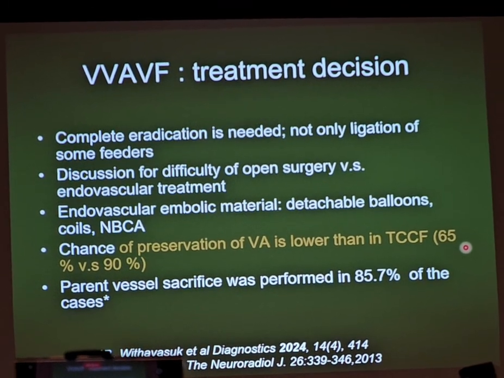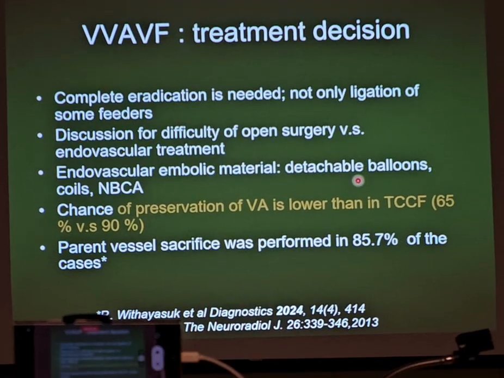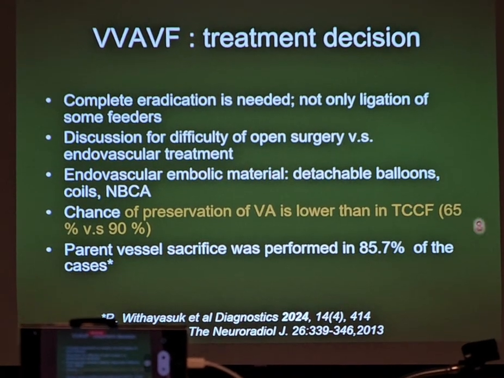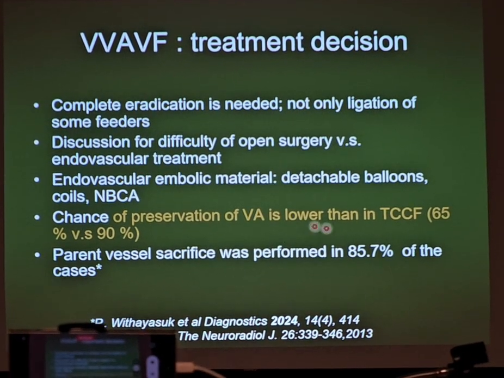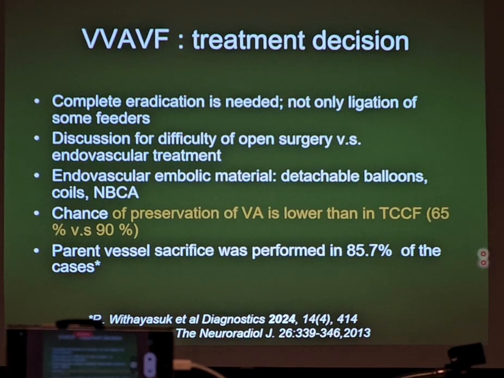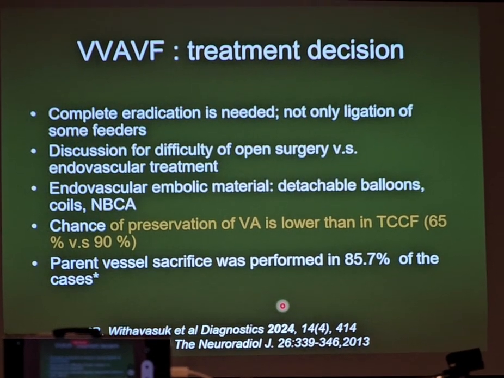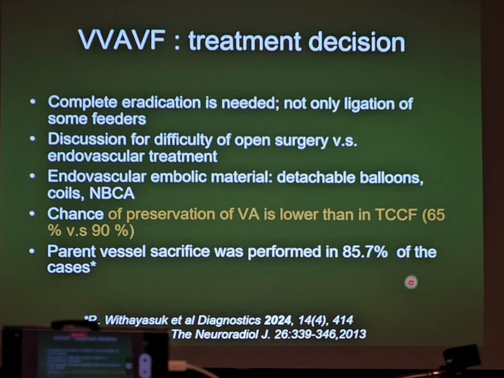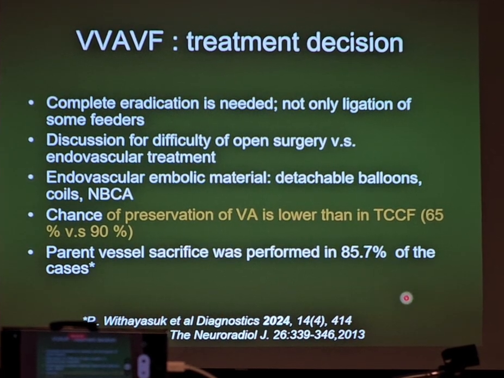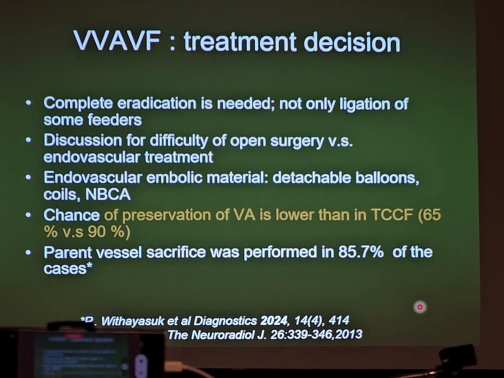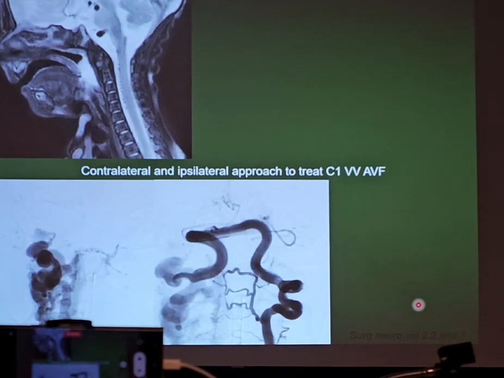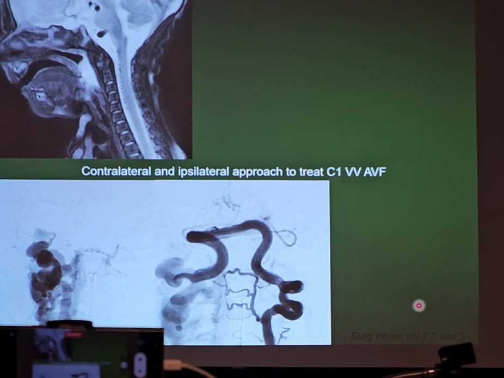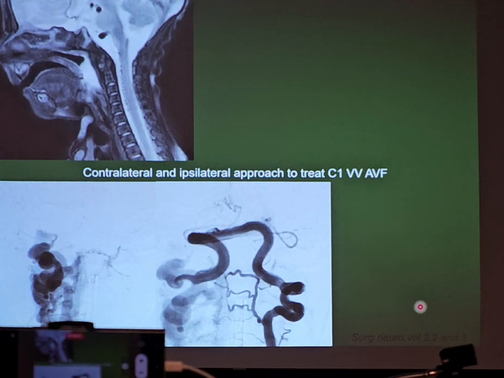But in the vertebral fistula, the chance of preservation of the vertebral artery itself is approximately 60-65%. In some publications, from the Thai group, they also published that parent artery sacrifice is up to 85%. What is important is not only the sacrifice, but that we need to close the fistula completely.